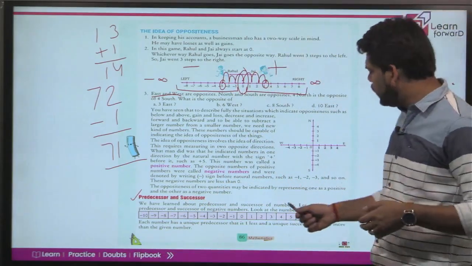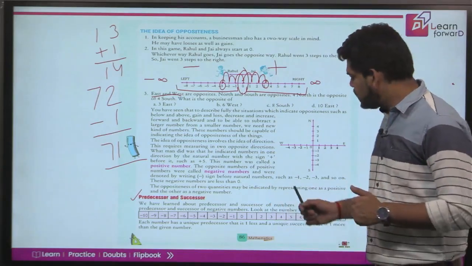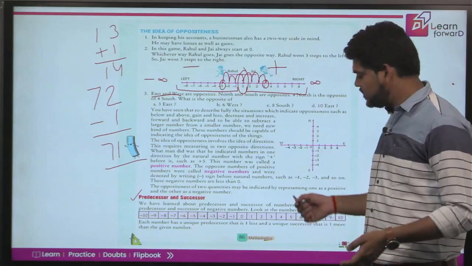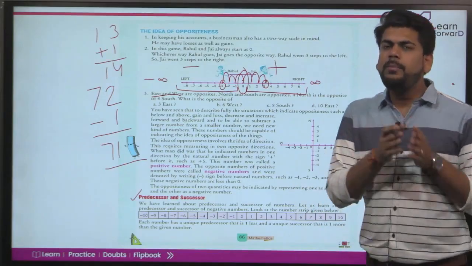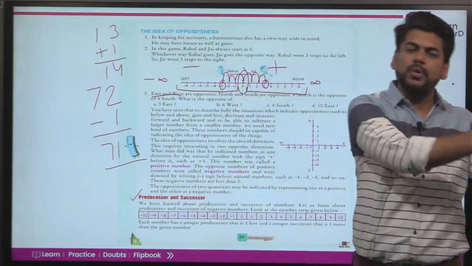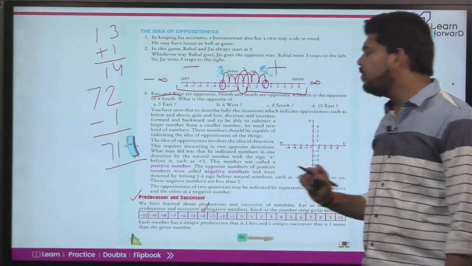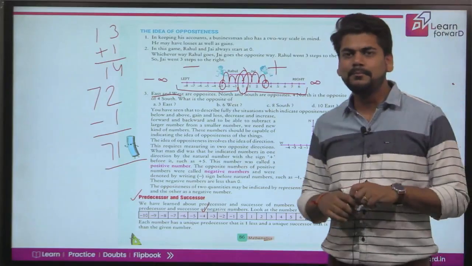Now if I ask you what is the predecessor of 4, the answer is 3. What is the successor of 6? Answer is 7. For predecessor we move toward the left side, for successor we move toward the right side. So if I ask you what is the predecessor of -4, think.